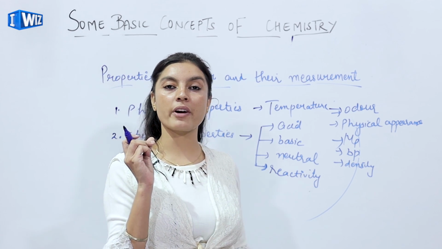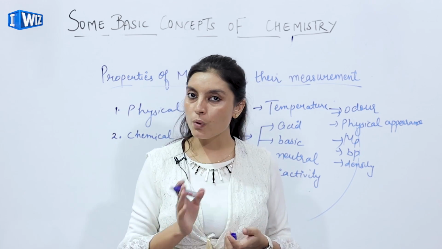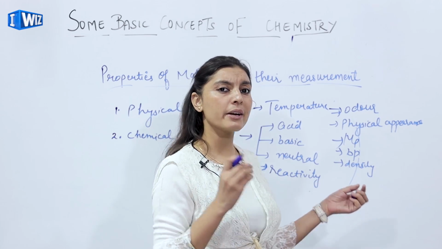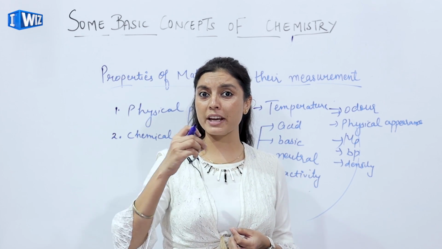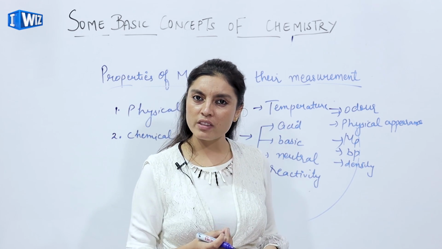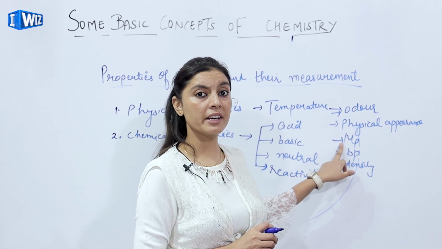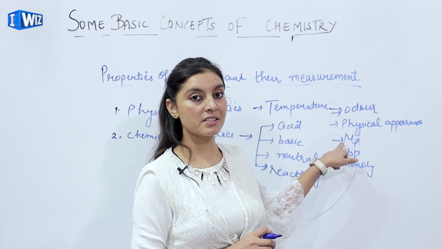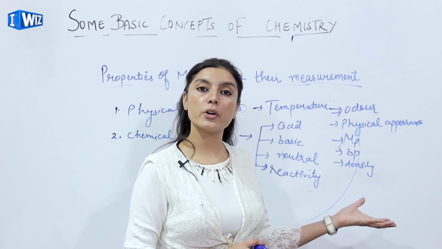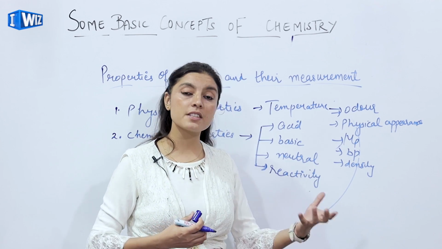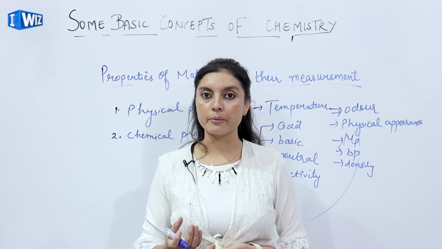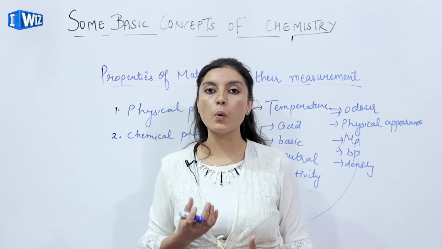For example, sodium chloride has no odor, but when I talk about texture and density, I can tell that there are small grains of salt in my hand. Physical appearance, it's whitish in color. The melting point I get to know with the help of various methods, and the boiling point as well. Talking about water, we get to know its boiling point at the moment it has started boiling, when we start to get bubbles of water.